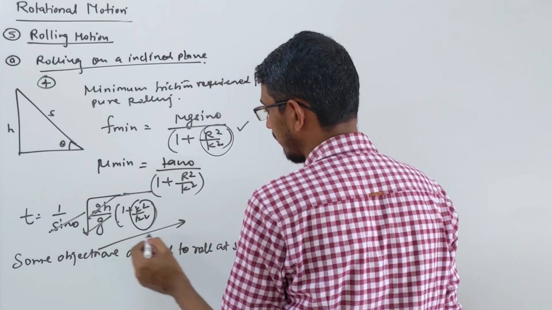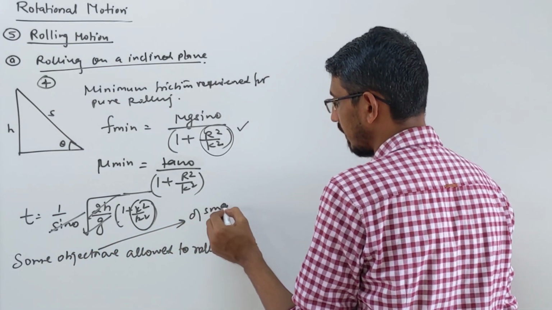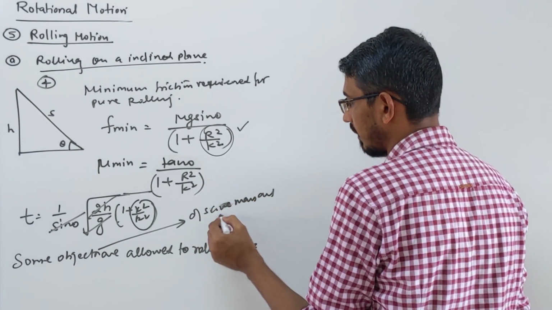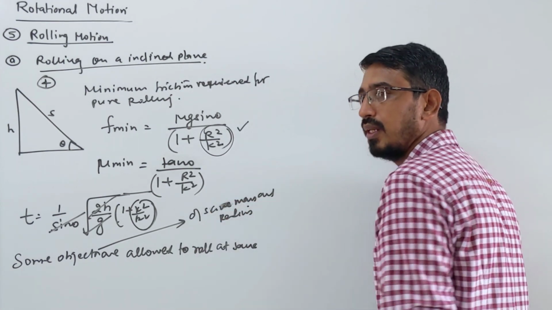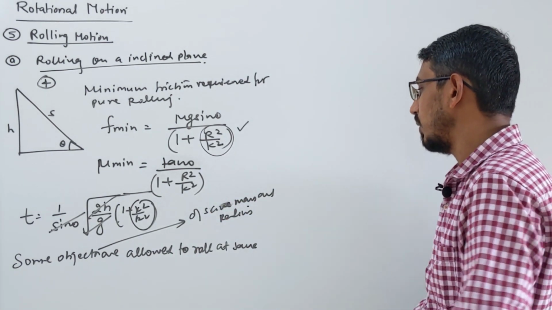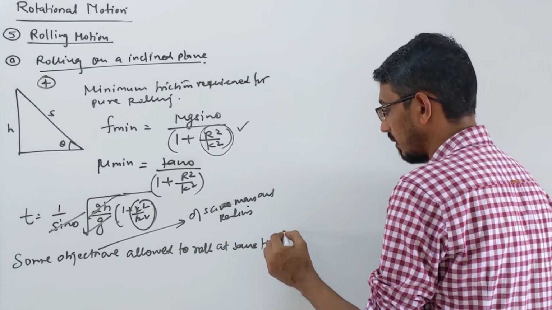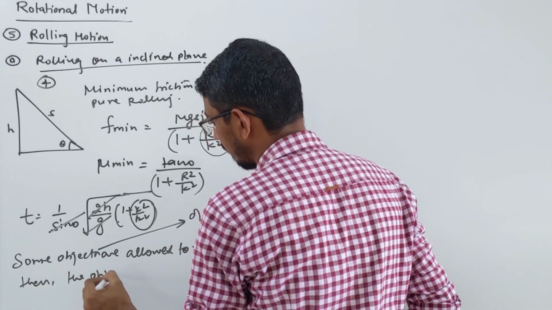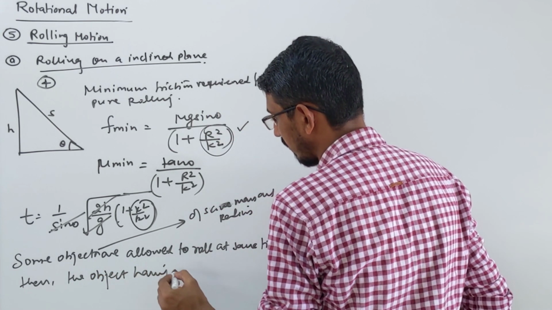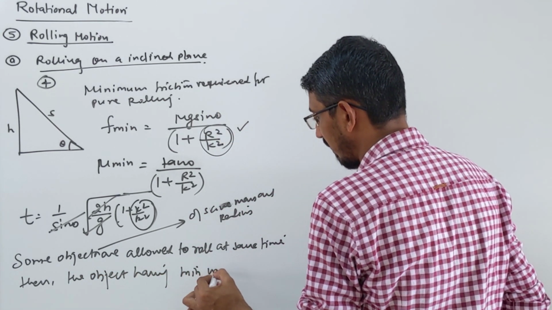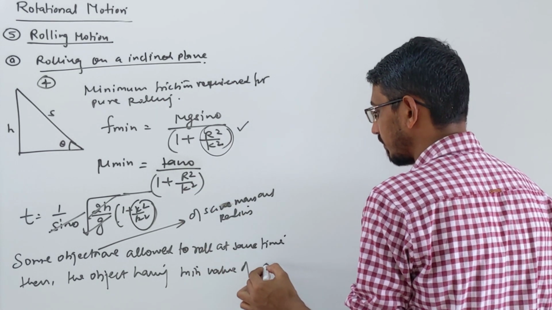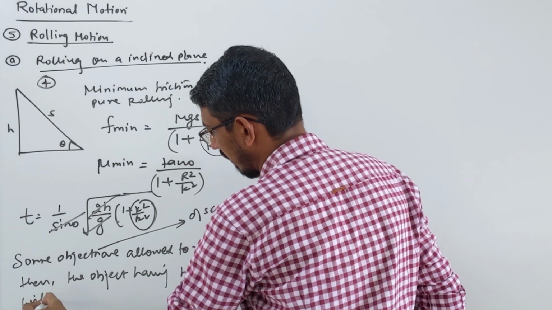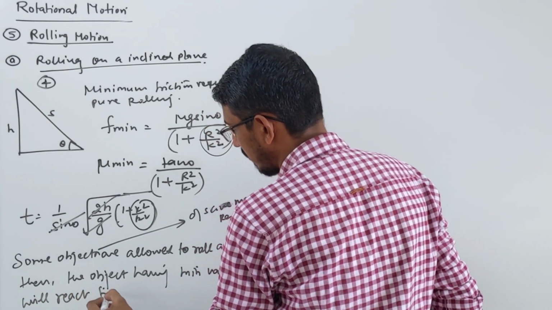Who will come first to the ground? The object having the minimum value of the term k square by r square will reach the ground first.